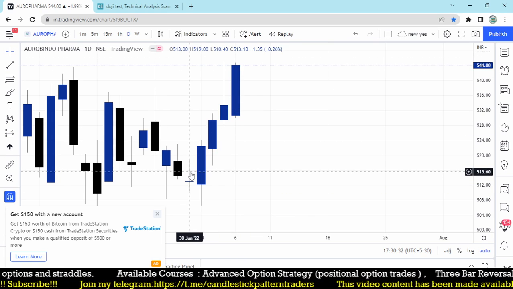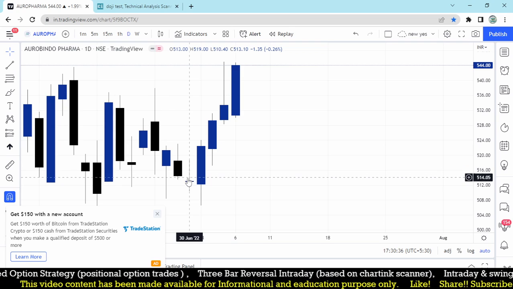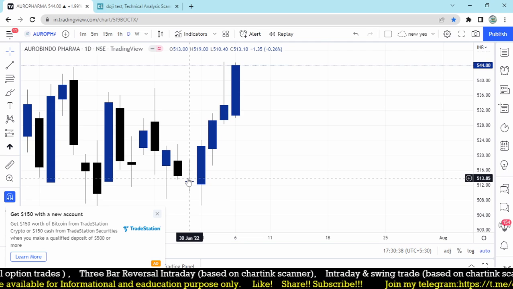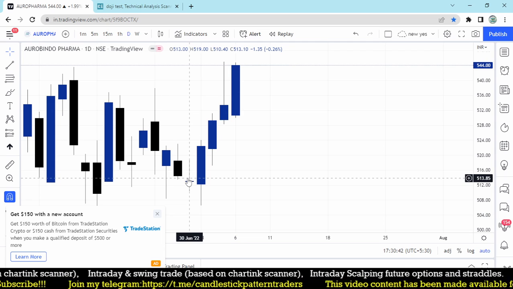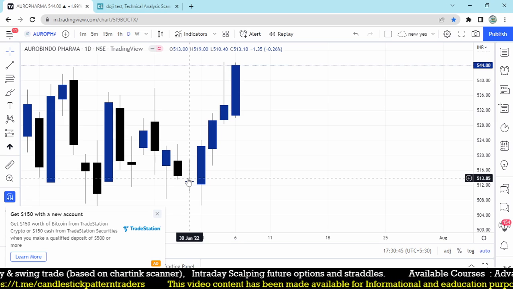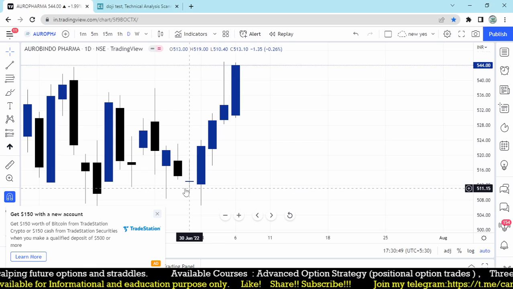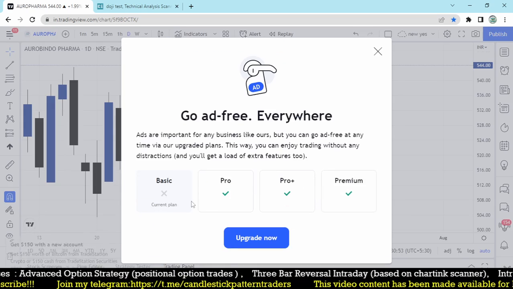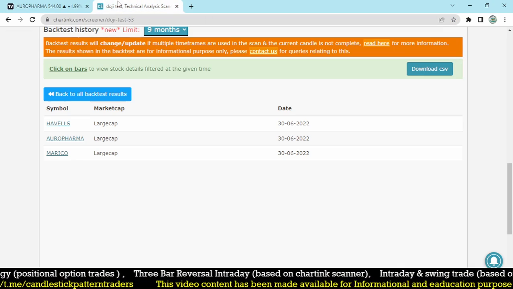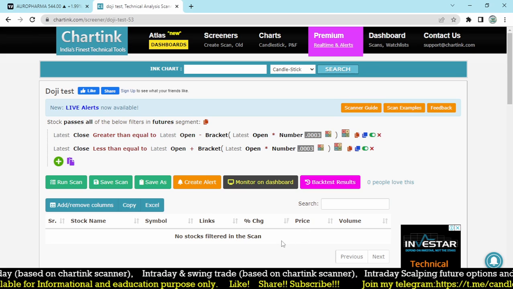The open price is 513 and the close price is 513.10. It is exactly a doji candle, but the open doesn't equal the close price, there is only a minimum difference. That minimum difference we mentioned here should be 0.003, right?